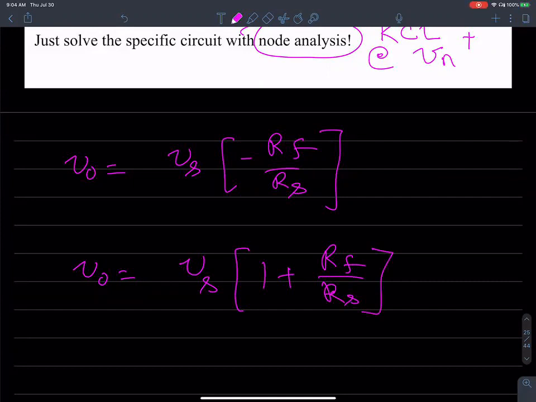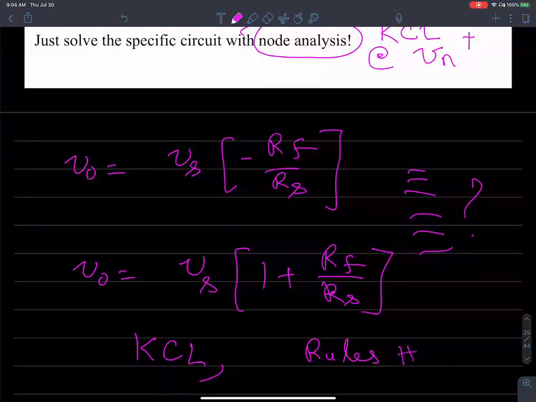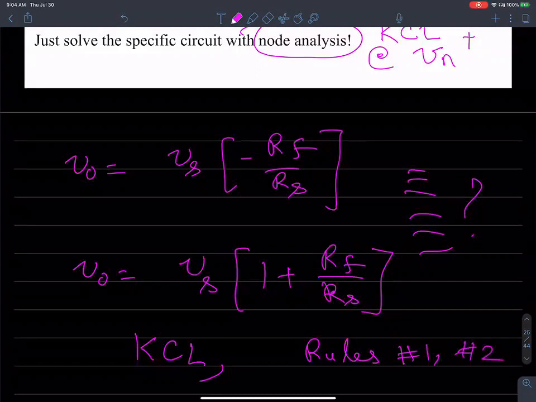If you have more than one input on the inverting amplifier, you have just 3 of those terms. That's all there is to it. There is an inverting amplifier, there is a non-inverting amplifier. How do you arrive at these results? Just simply by applying KCL and the rules. So you don't want to memorize them.